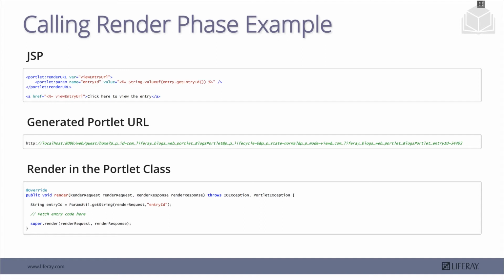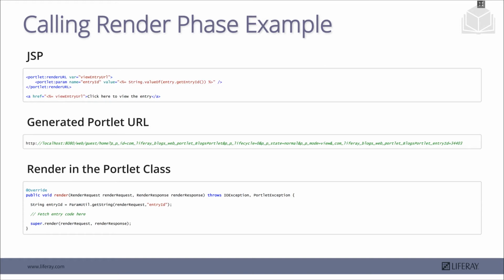Over on the JSP side is where we open up the ability to call the render phase through some sort of URL. So JSP displays a render URL, and then the end user clicks it. When the end user clicks the render URL, the render phase is going to be invoked.